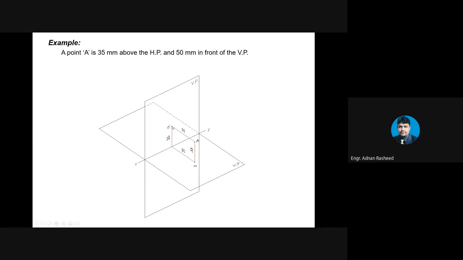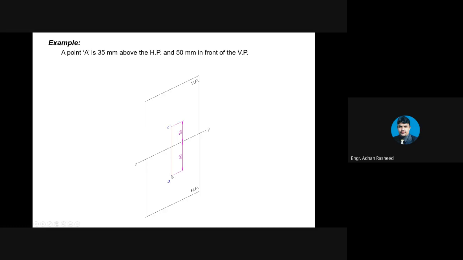Now if you rotate this horizontal plane, you can see these projections. You will not do this, but this is just for your understanding purpose. When you rotate this horizontal plane so that it coincides with the vertical plane, you can see that this top view will be below the XY line.